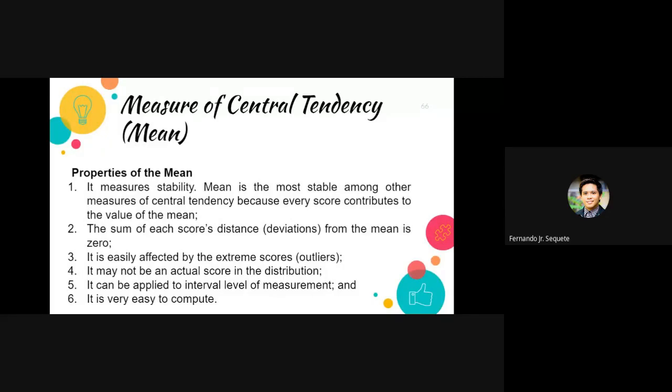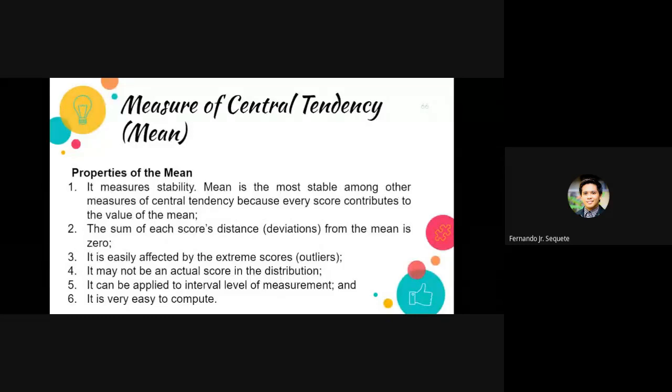For example, if you have 10 scores and you change one of them, the value of the mean will change. That is what stability means.